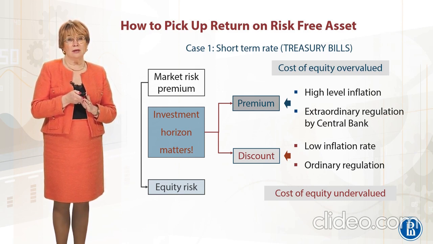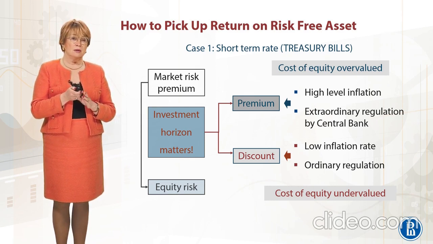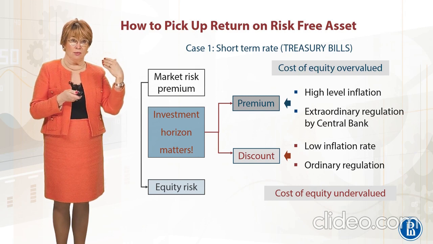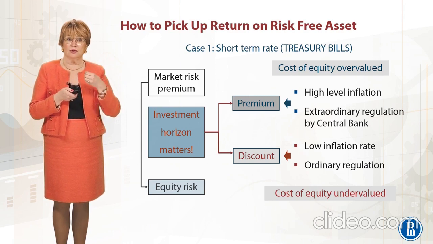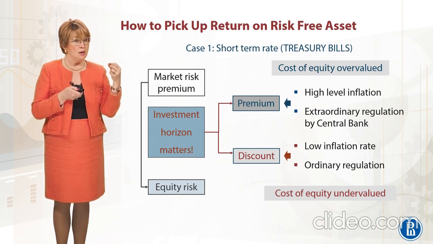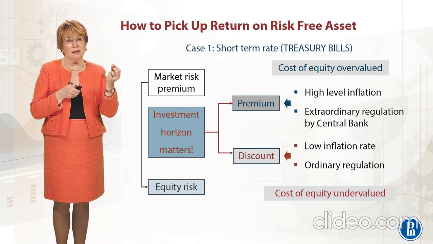So if we apply treasury bills as a risk-free rate, then applying further the CAPM model, the asset pricing model, we will need, of course, the market risk premium, which is the excess return on the market portfolio of risky assets as compared to the risk-free rate.